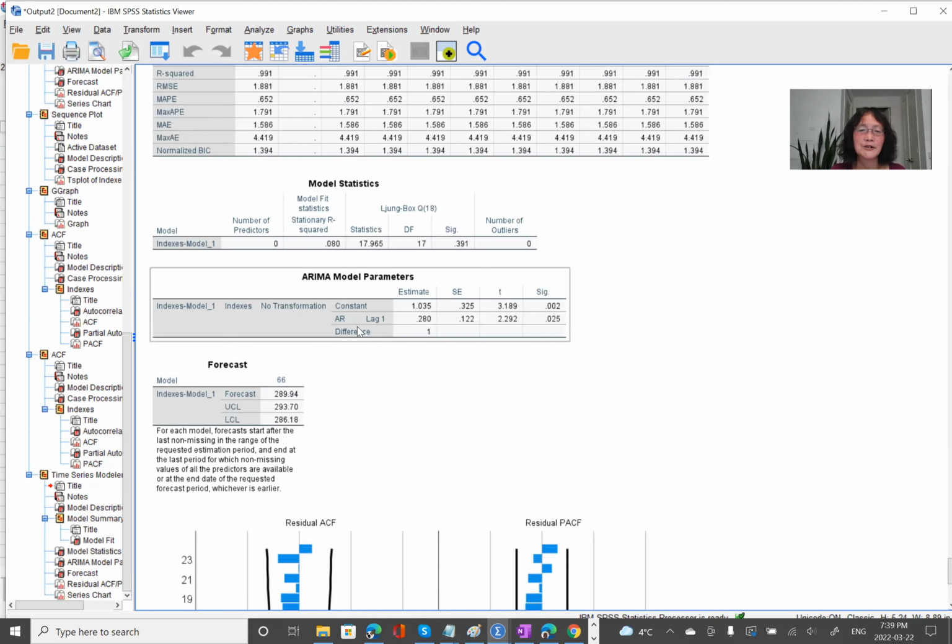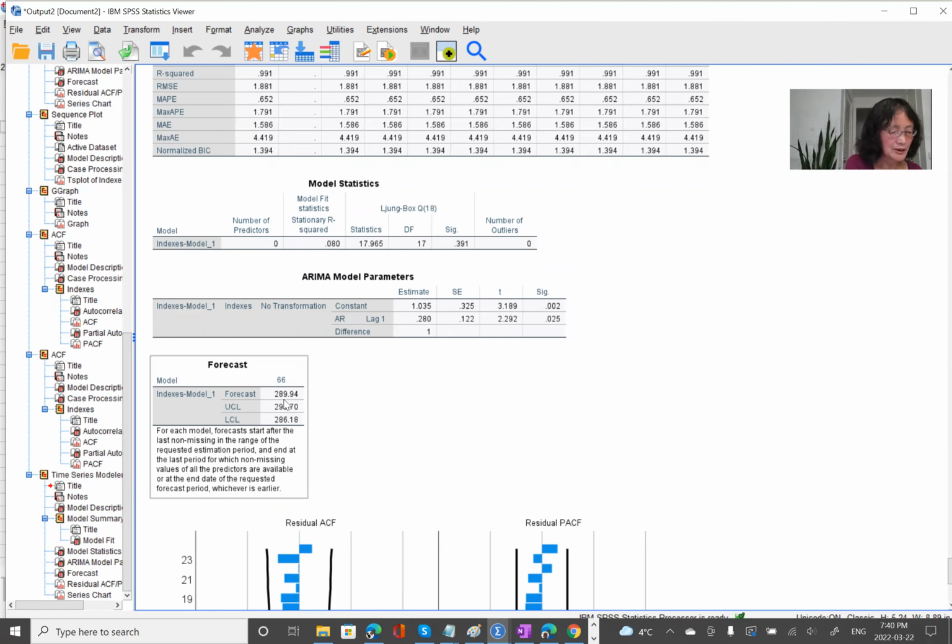Over the parameters, we have a constant and an AR lag 1. So that is our model. For our model, you need these numbers. So our prediction based on this model for time period 66 is 289.94.